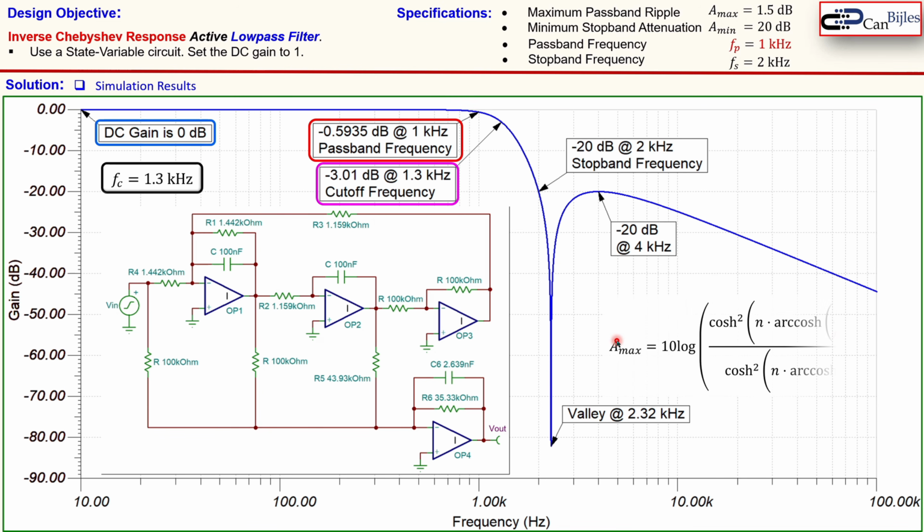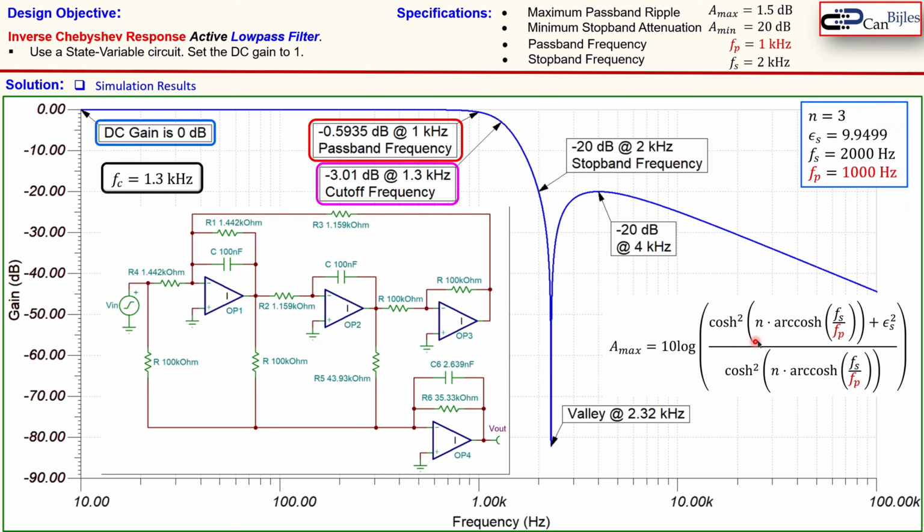We can calculate that using this formula. It was actually done in a similar way for the Chebyshev response, and there we calculated a minimum. Now we calculate a maximum, and you see here that we need the filter order and the epsilon s. It's all shown here, and we also have the Fs and Fp from the specifications. If you substitute that in this formula, you now get 0.593553 dB.